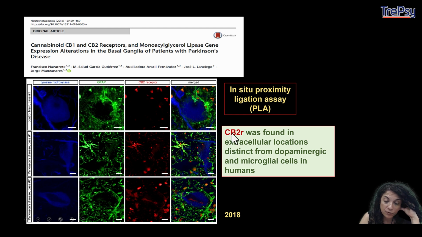So CB2 receptor was found in an extracellular location distinctive from dopaminergic and microglial cells in human. In human, the CB2 receptor is not expressed in microglial cells.